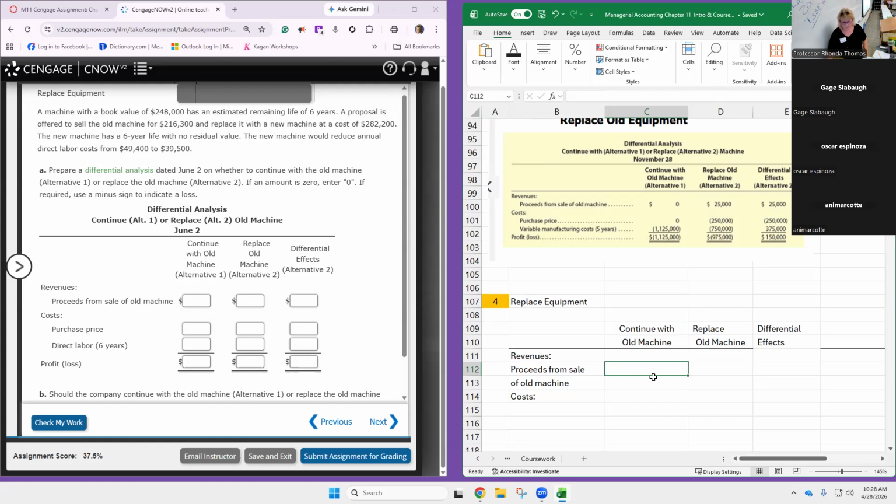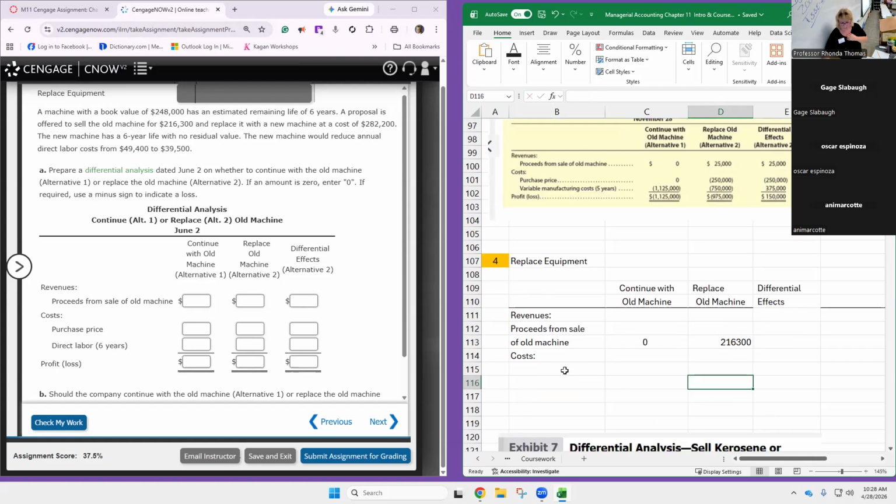So this is going to be 0 here. Okay, 0. And then this is going to include that 216,300. Now I'm going to put this in, and these are proceeds. So this is money coming in, so it's going to go in as a positive number.